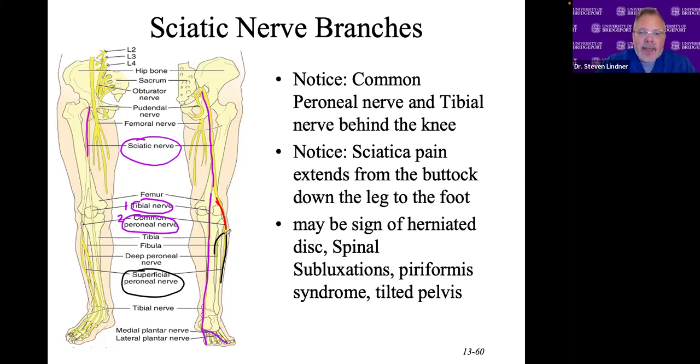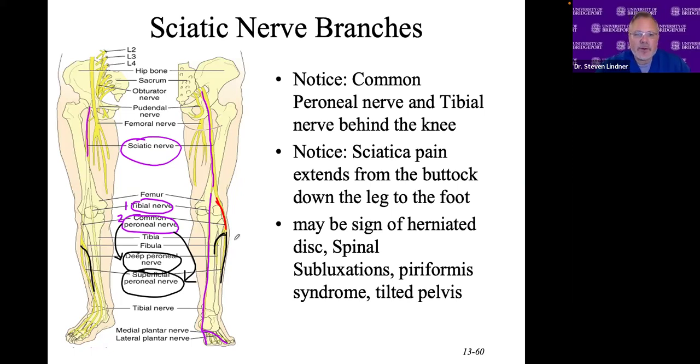And the one that goes right here between the tibia and the fibula, it then comes here to the front, and it goes to all of the anterior compartment muscles of the leg. That's called the deep peroneal. So the common peroneal divides into a deep peroneal and a superficial peroneal.